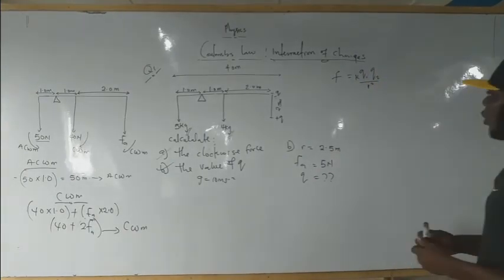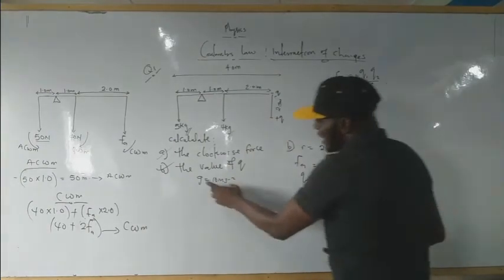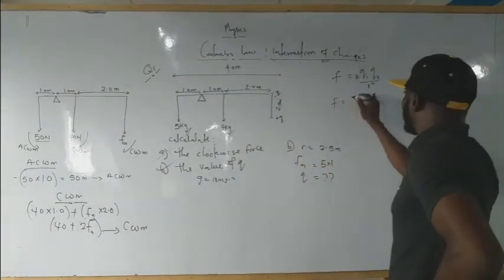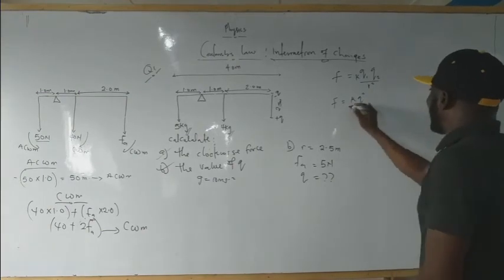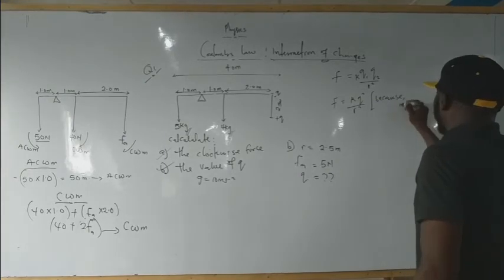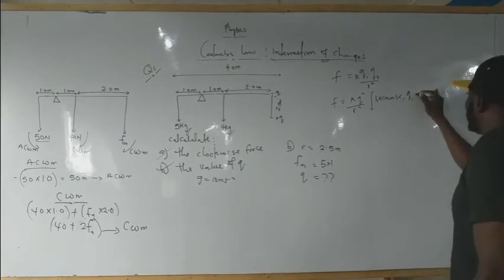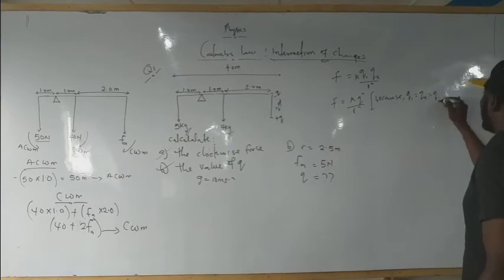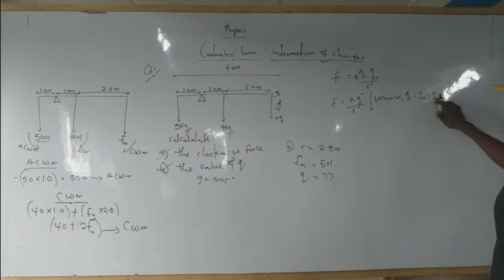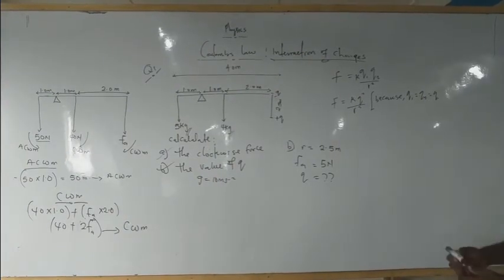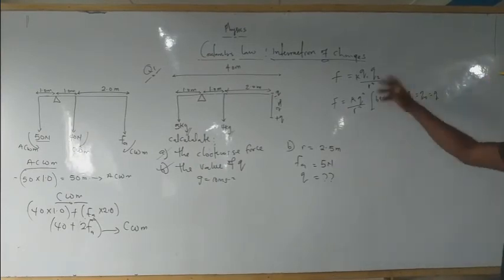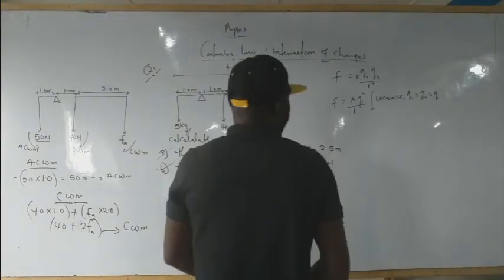Good. But since we have to find the value of Q, for the same charge, we can say F equals K Q squared over R squared, because Q1 equals Q2 equals Q. So Q times Q is Q squared, right?